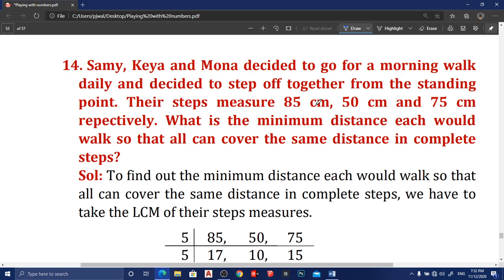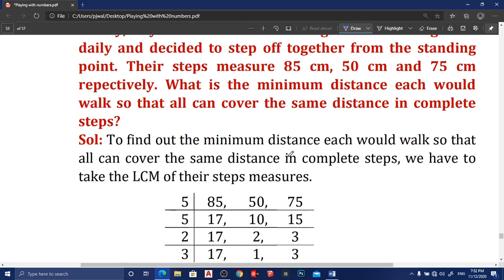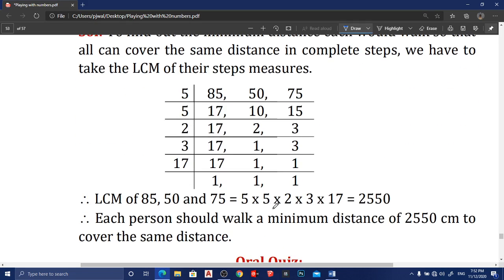One has an 85 centimeter step length, one has 50 centimeters, and another 75 centimeters. If you find the LCM of these three numbers, you can find the minimum distance at which they will meet again, or cover the same distance.